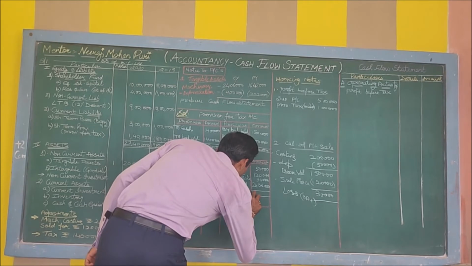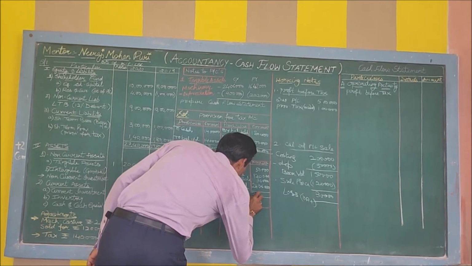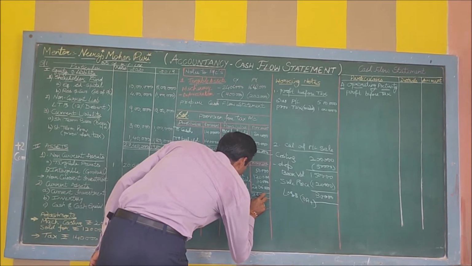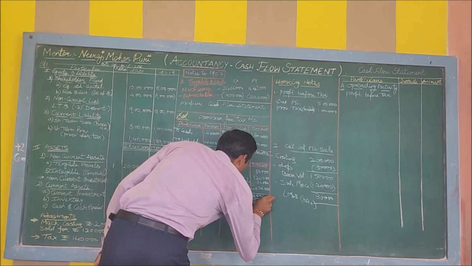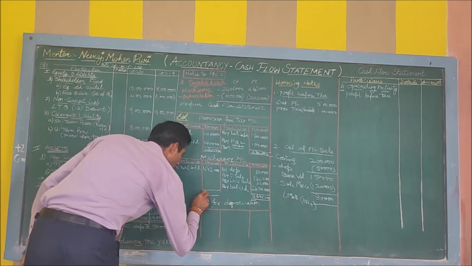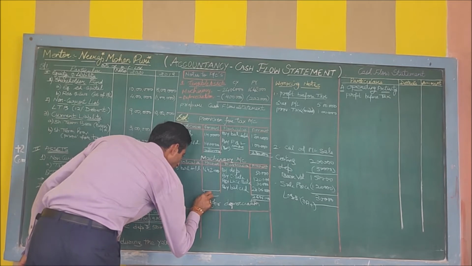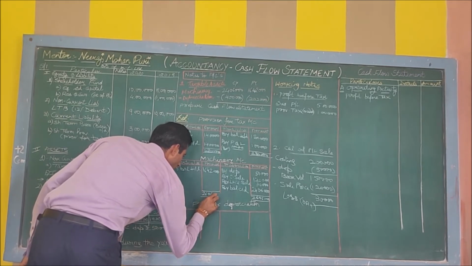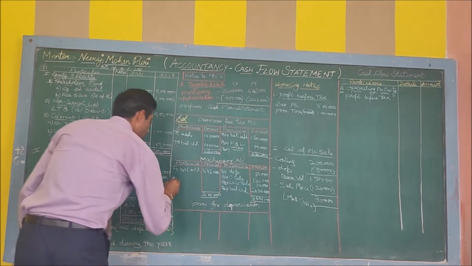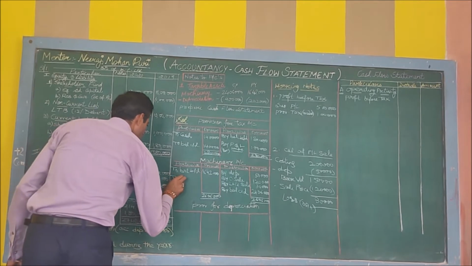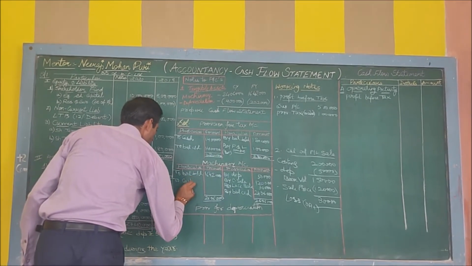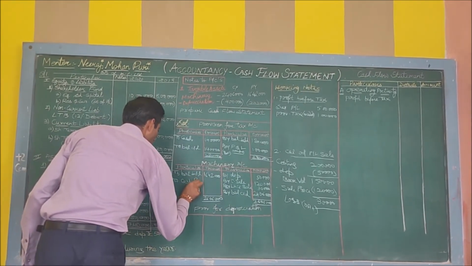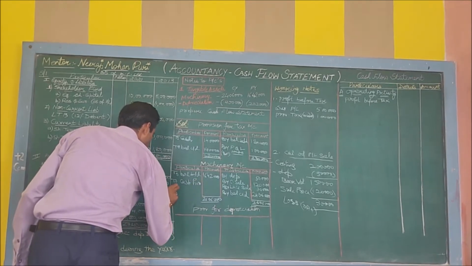So we will get 26,06,000 as the total. The same total is to be copied, 26,06,000 on the debit side. We have to find a balancing figure, which is cash purchase. This is the balancing value, the balancing figure.